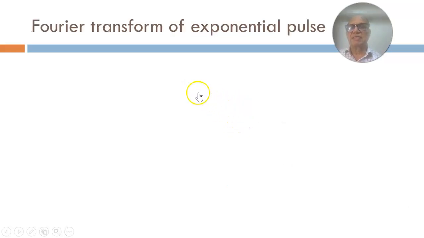Then let us take the next example. We want to calculate the Fourier transform of an exponential pulse. So this exponential pulse x(t) is defined like this, e raised to minus at multiplied by u(t). So multiplication by u(t) implies that for values of time less than 0, x(t) is going to be 0.